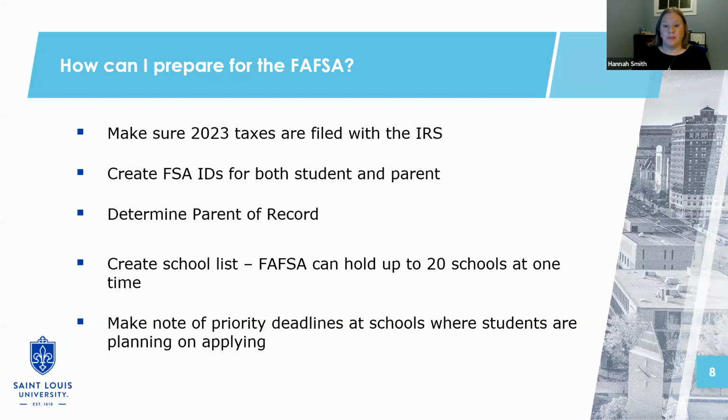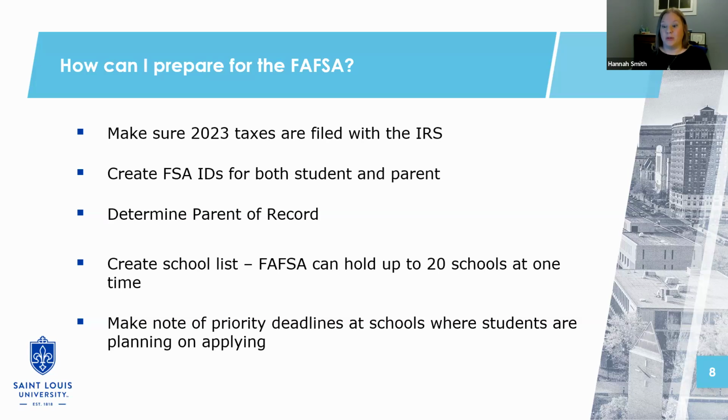This year, with the beta testing being in place and things like that, again, we do recommend that you wait until that full rollout December 1 so that we have that guarantee that everything is working functionally correctly. But to kind of prepare for the FAFSA in the next couple of weeks for you senior families, the biggest piece of information that you really need to have is make sure that your 2023 taxes are on file with the IRS.